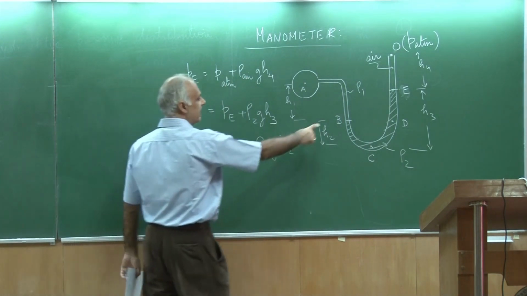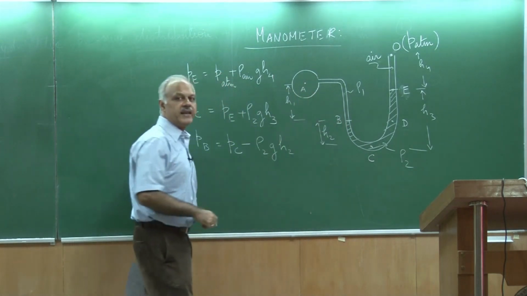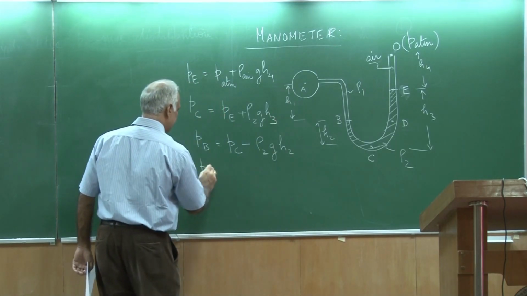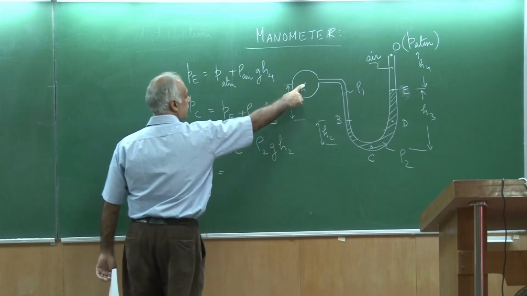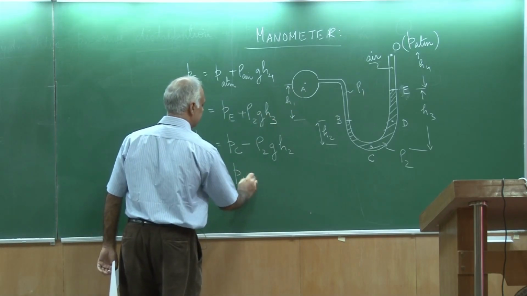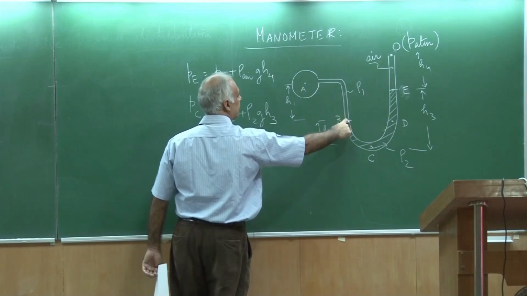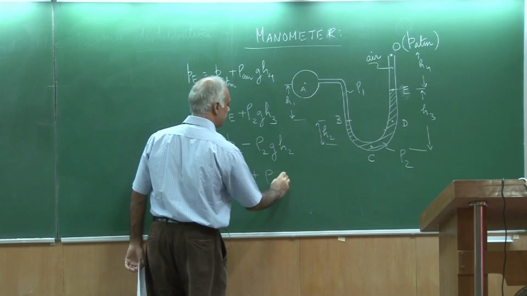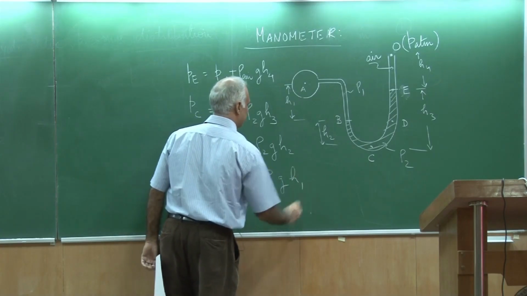But I could also relate it to the pressure at point A. Okay. So, please notice that pressure at point B is also equal to the pressure at point A if I come through this fluid plus rho 1 G H1.